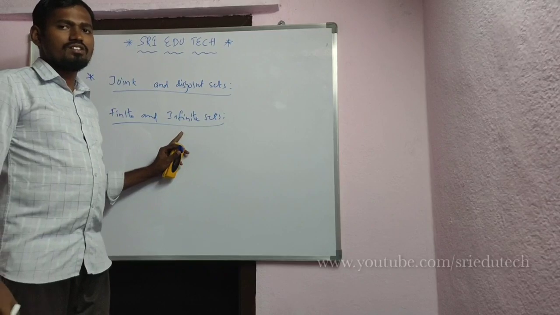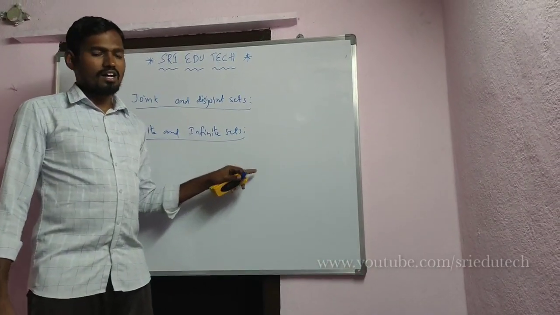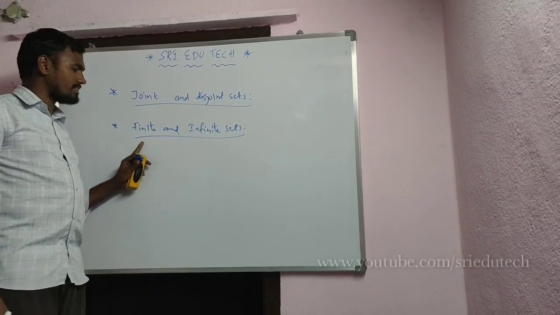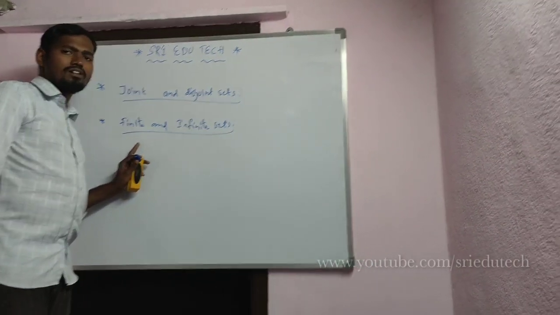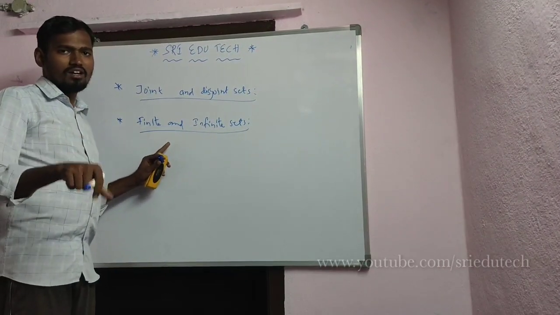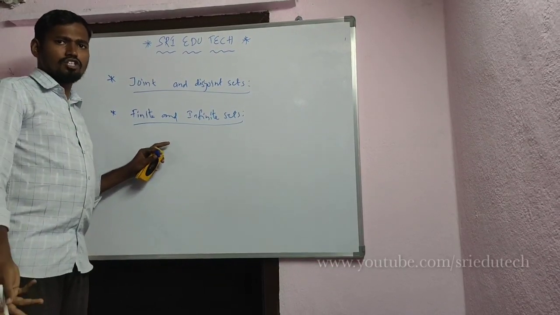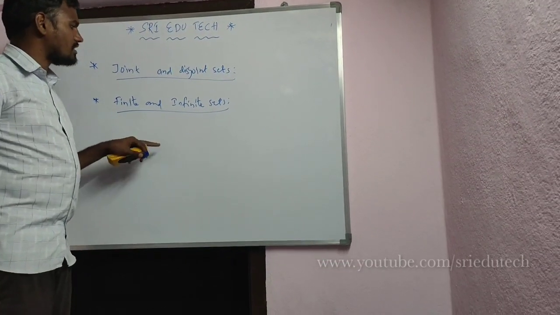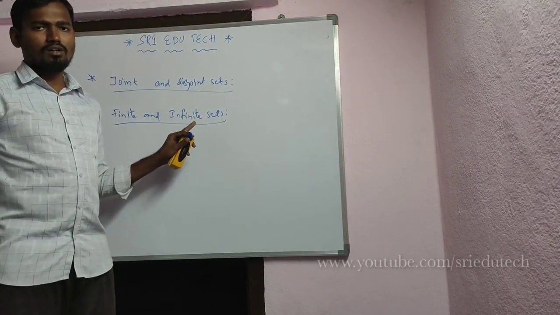Infinite means uncountable, it is called an infinite set. Example of a finite set: the number of days in a week. How many days? 7 days. It is countable. Next, the number of days in the month of January, it is countable. Next, infinite set. An infinite set means it is uncountable.